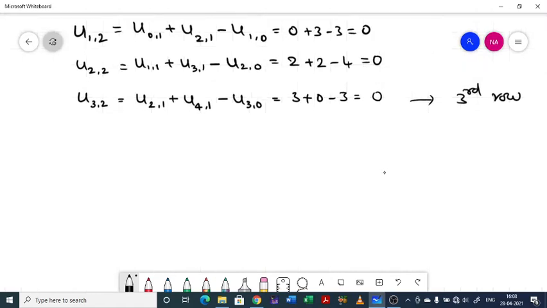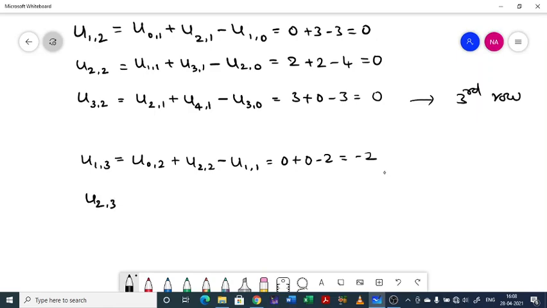Fourth row, u1, 3 equal to u0, 2 plus u2, 2 minus u1, 1. That is 0 plus 0 minus 2. It will be minus 2. Next, u2, 3. It will be u1, 2 plus u3, 2 minus u2, 1.